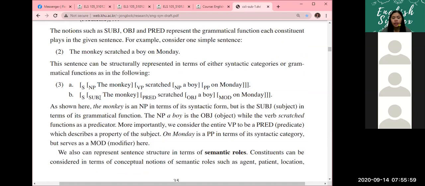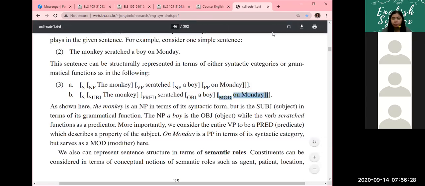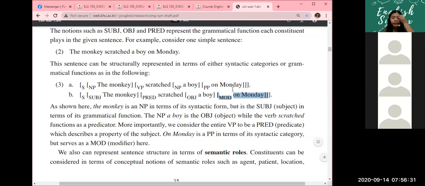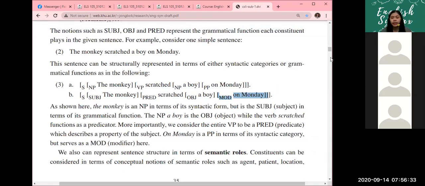Letter B represents the sentence according to its grammatical function. The sentence is composed of a subject, the monkey; a predicate, the verb scratched; an object, which is the recipient of the action of the verb; and a modifier, which elaborates the verb or the predicate of the sentence.